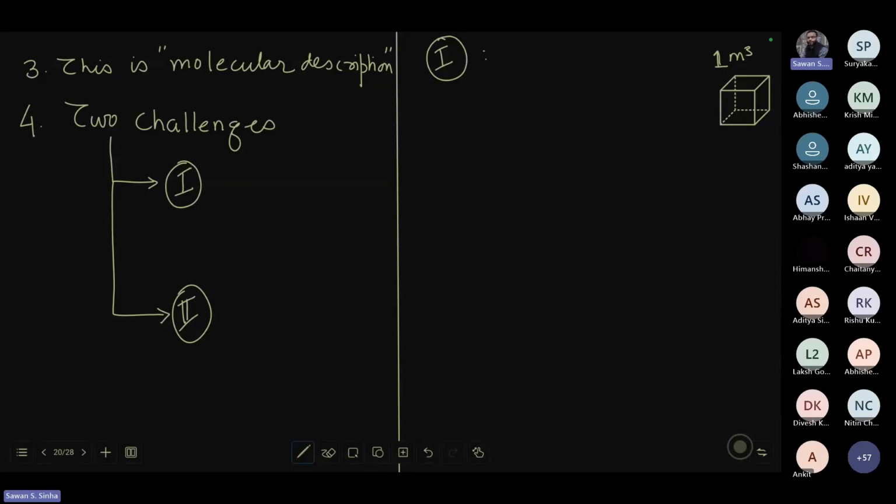What are those challenges? The first challenge is that the number of molecules that you will be handling is too high. How high? Before I remind ourselves how high it is, why am I worried about the fact that there are numerous molecules?